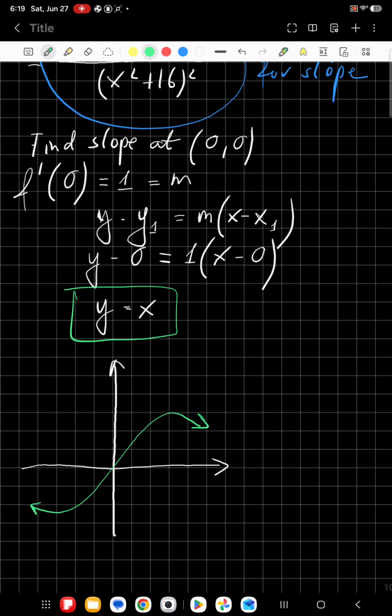You guys can check it, I'm not sure. Now the origin is right there, and the tangent line will be something like this. Let's write the equation of it: y equals x. This is not perfect, but it's good enough.